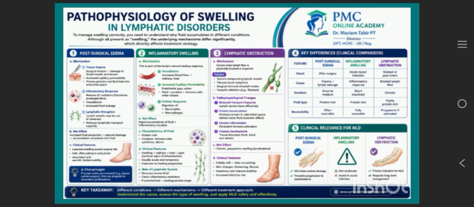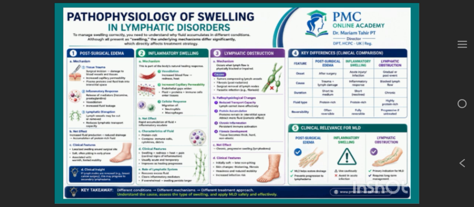Post-surgical edema results from a combination of tissue trauma, second, inflammatory response, and thirdly, lymphatic disruption. So how does tissue trauma occur? A surgical incision damages blood vessels and tissues, which leads to increased capillary permeability. Thirdly, plasma proteins and fluid leak into the interstitial space.